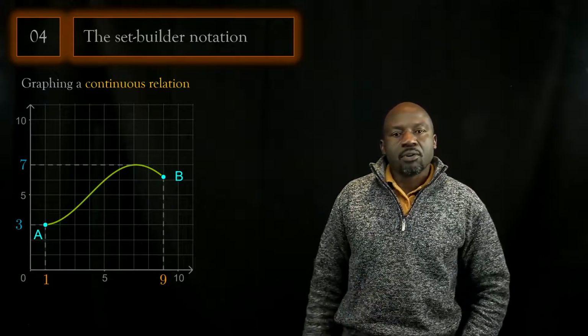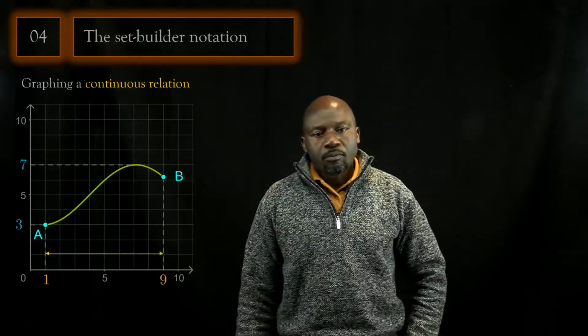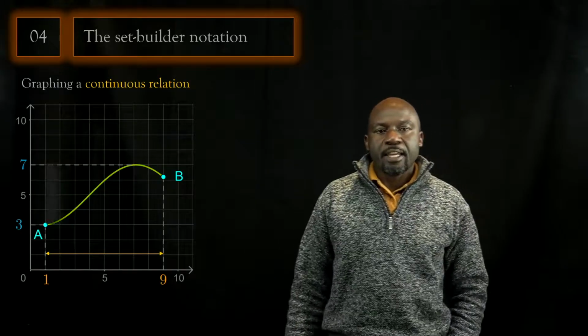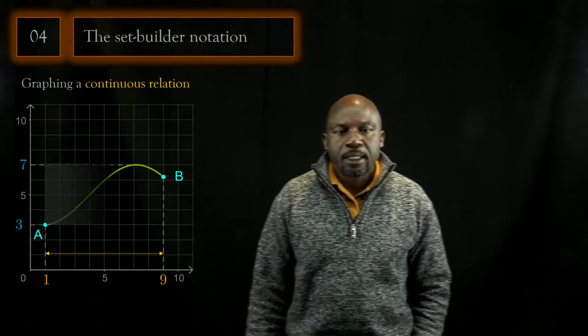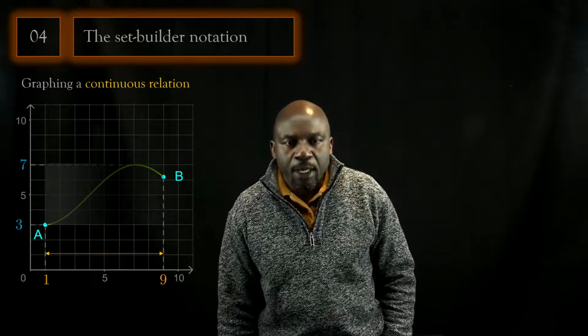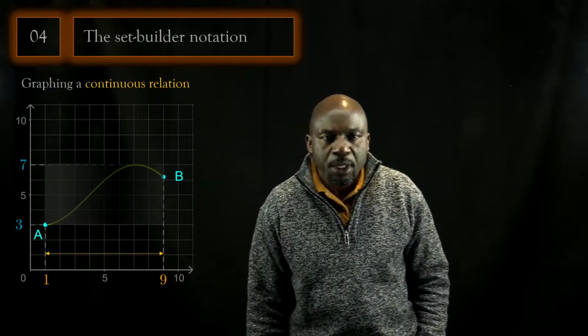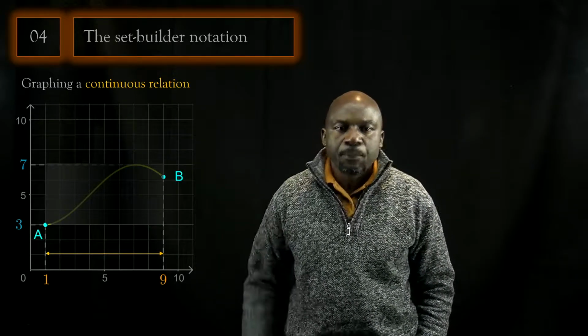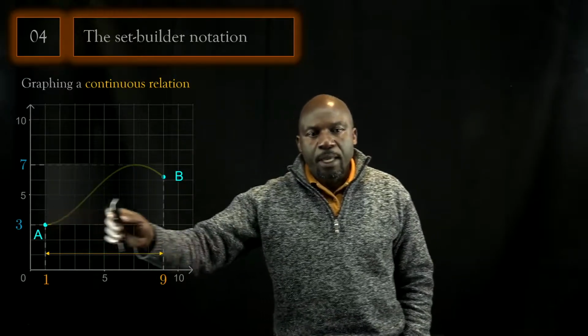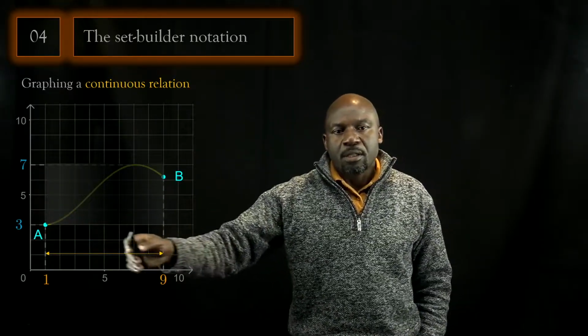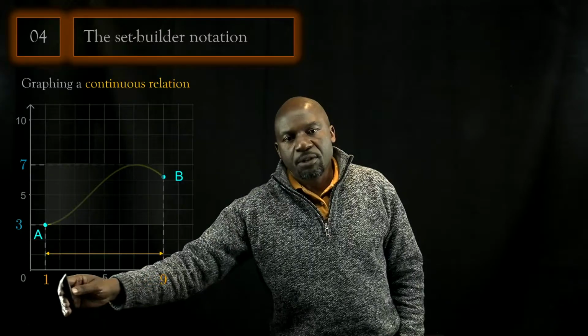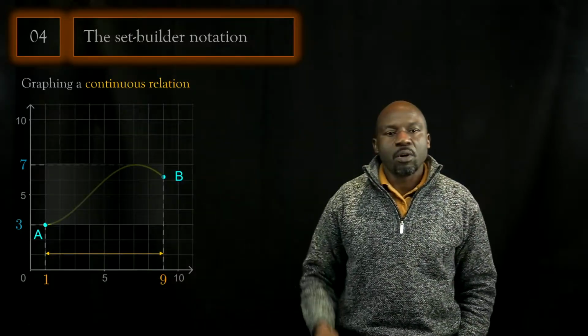So how do we show the domain here? It is anything from A all the way to B. I hope you've seen what I've just shown there. All values of x along here will qualify as the domain.